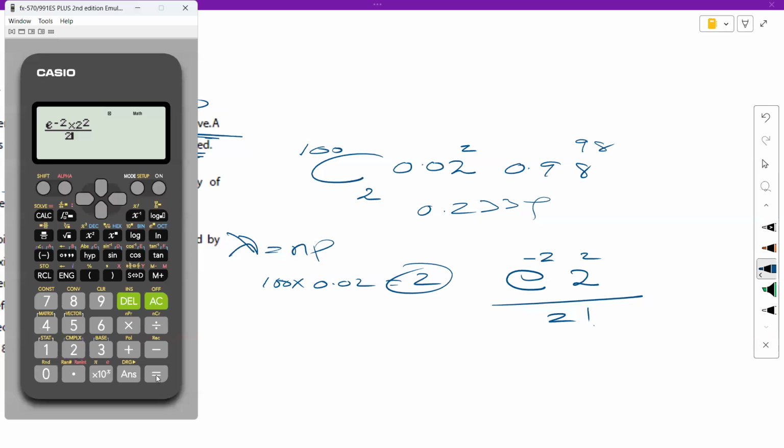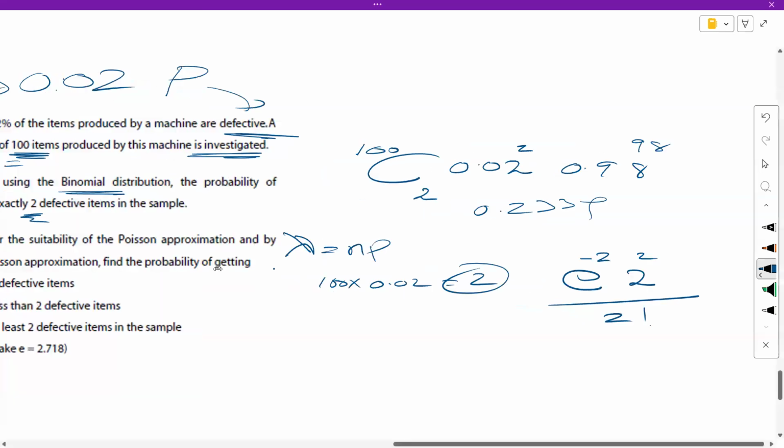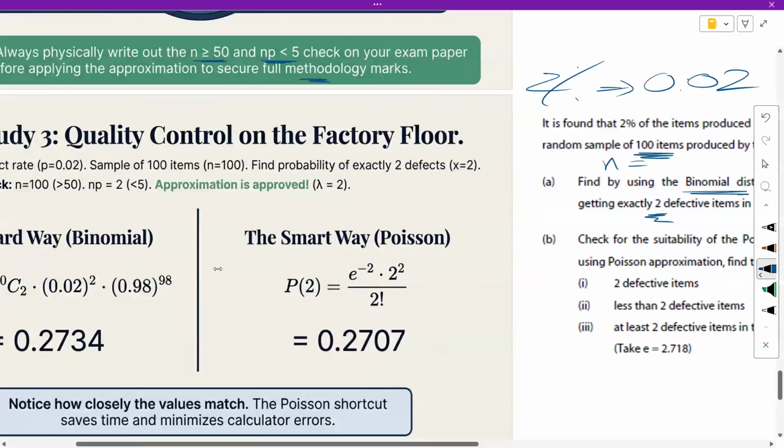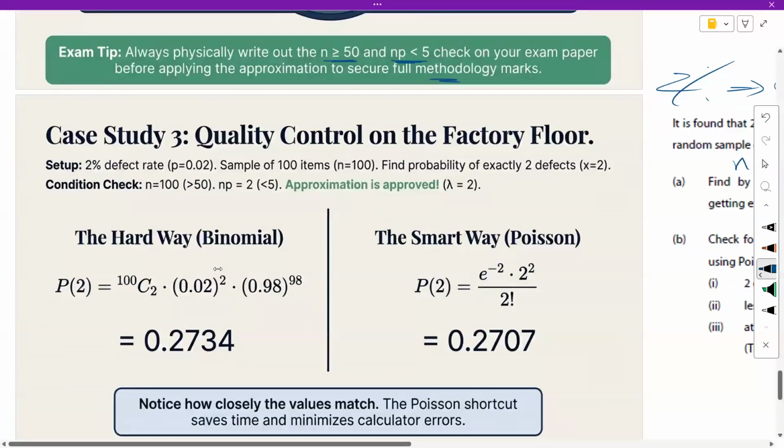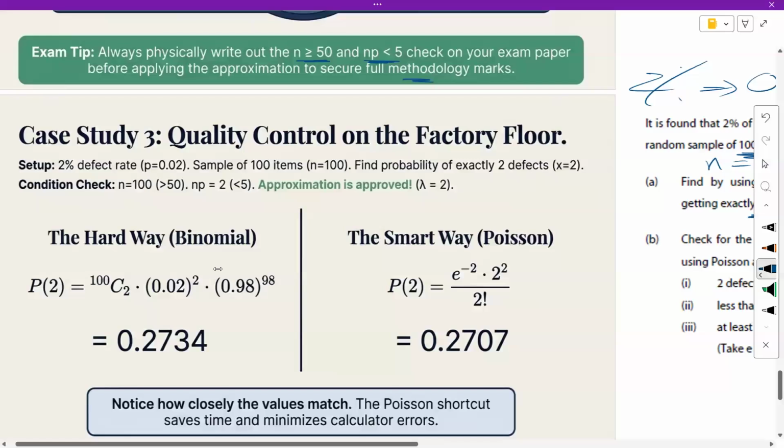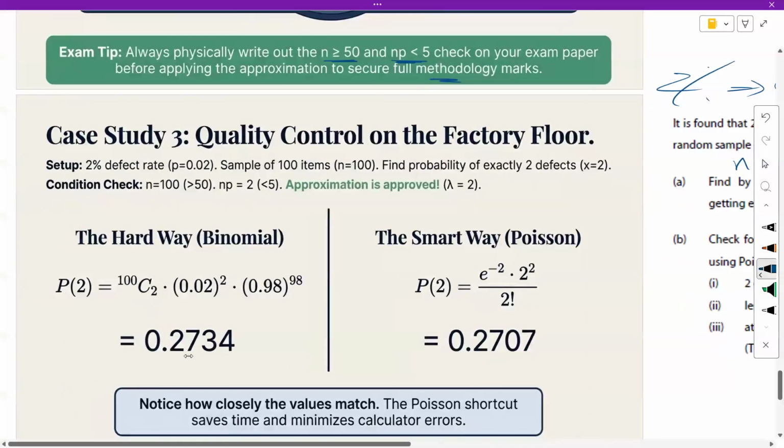You see, we get almost exactly similar answer, right? Let us check the answer. We had some mistakes there, right? Here we get the similar answer.